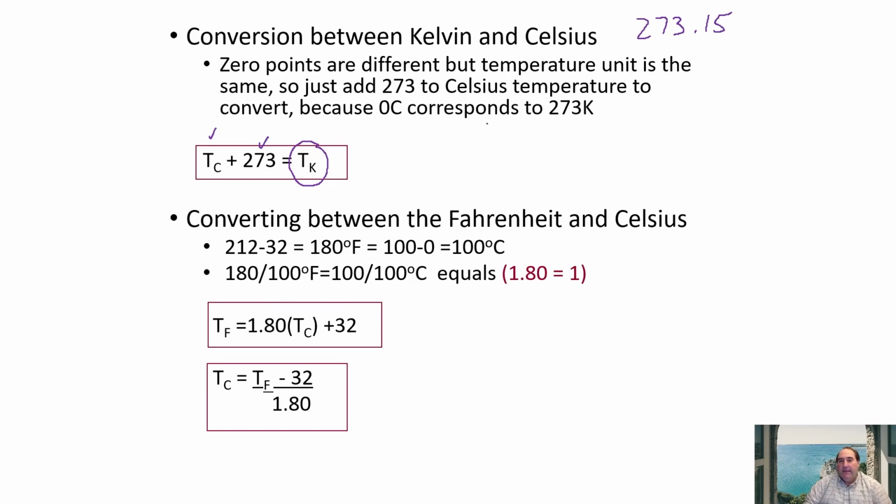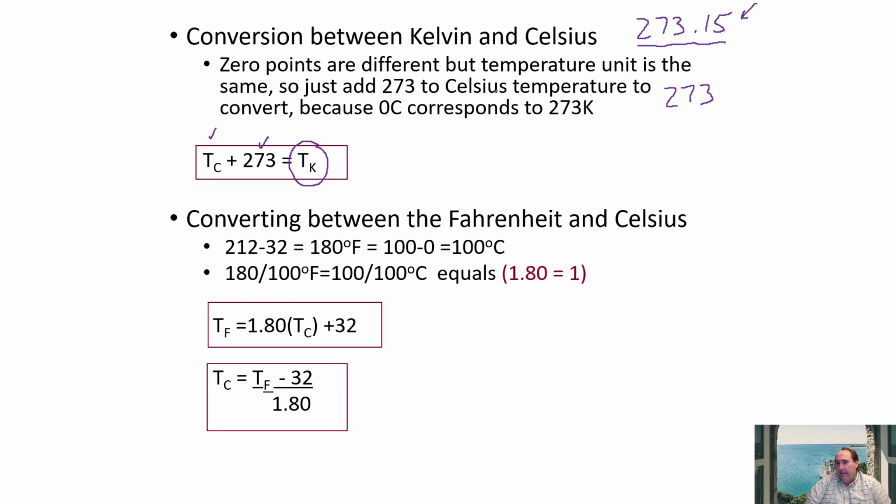The correct number here is 273.15. So if you see this 273.15, that is really the right number for the conversion. I would say most people, and I am okay with it if you use just 273 as the number. Some people will use the entire thing.